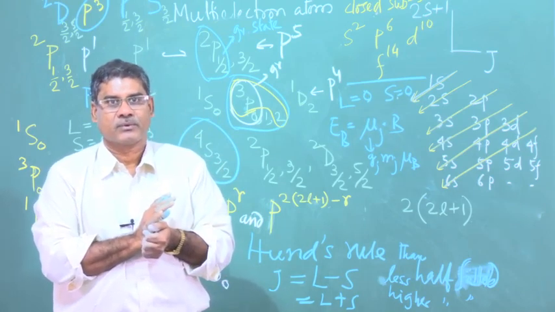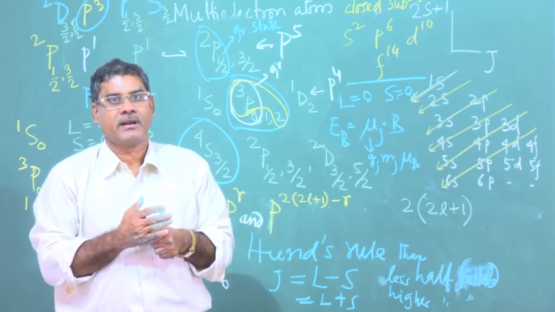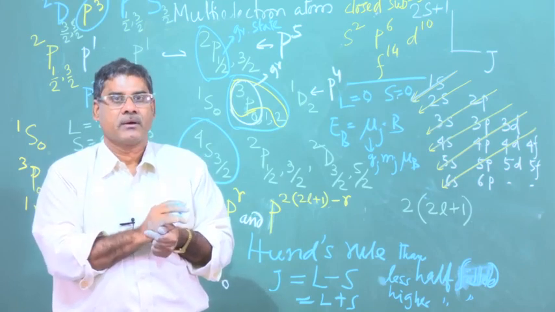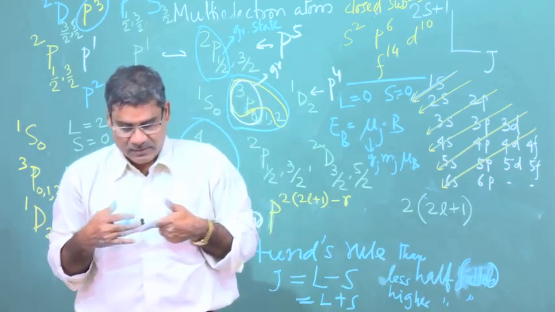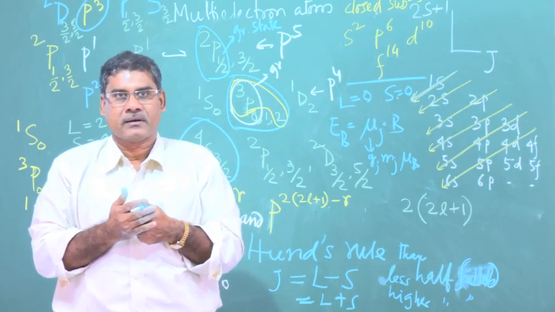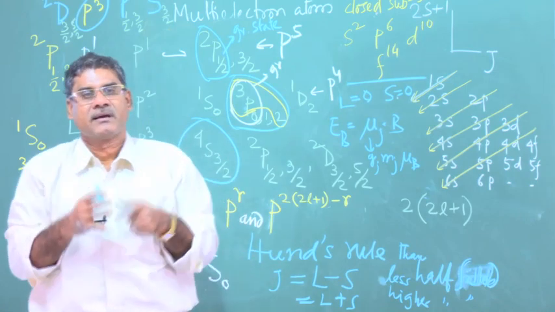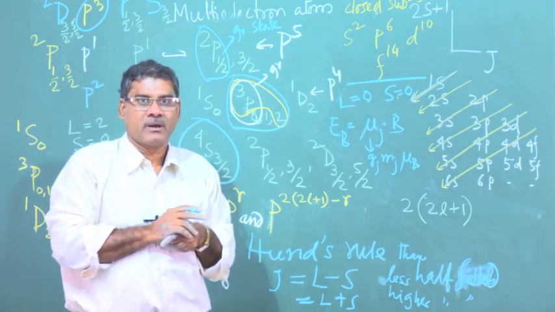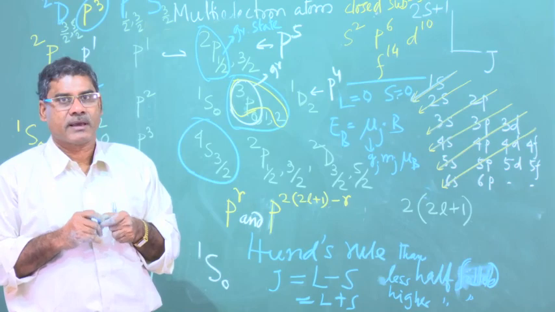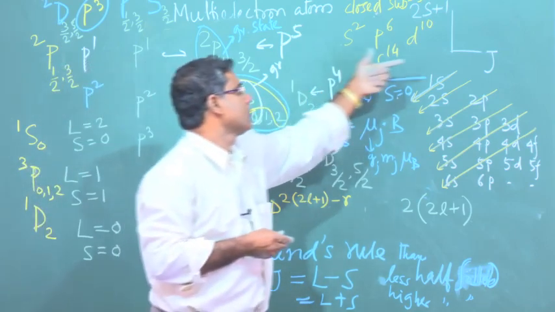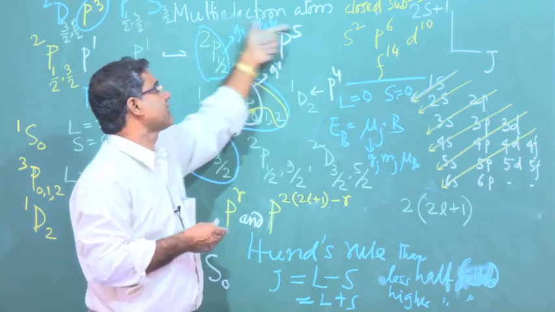So, to find out the effect of electric field, magnetic field or light, or the transition of electrons in the atom for which we get the spectral lines, everything you can find out if you know the spectroscopic term, and that is what we have done for the multi-electron system.